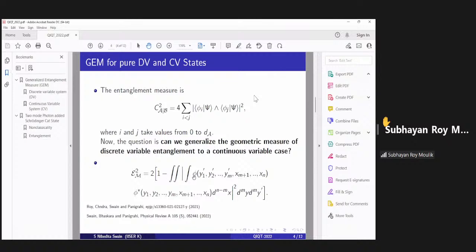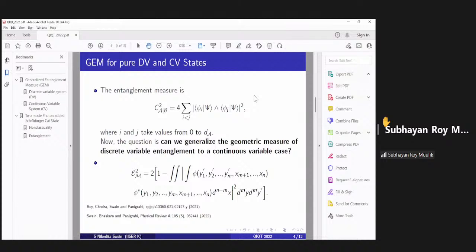Since this is the continuous variable case, we have taken the condition that the expectation value of phi and psi is 0, in the orthonormal basis, if you understand my point. It is expressed in the orthonormal basis.